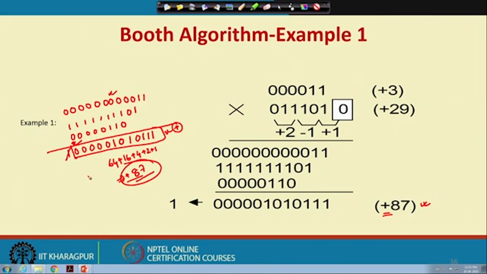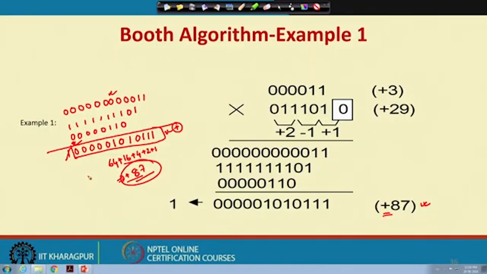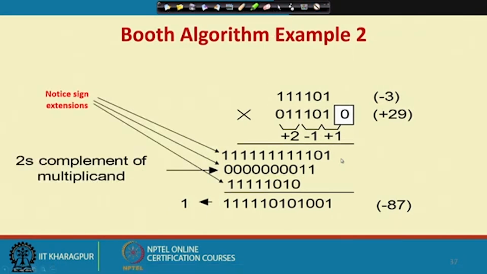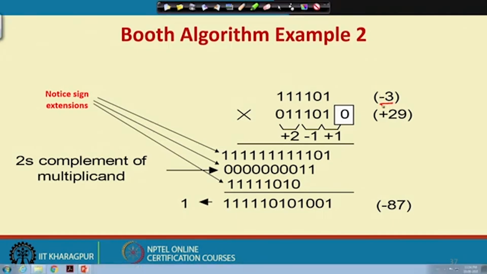Then next, if we change the number, that is plus 3 to minus 3, or any of these numbers to minus, what will happen at that time? Okay. Here you see I have changed the number to minus 3. So, minus 3 means the 2's complement of that. As this bit is 0, it remains unchanged, so the corresponding decoding will remain the same.